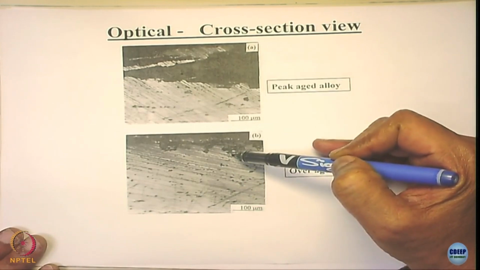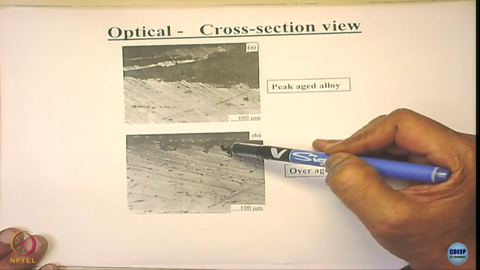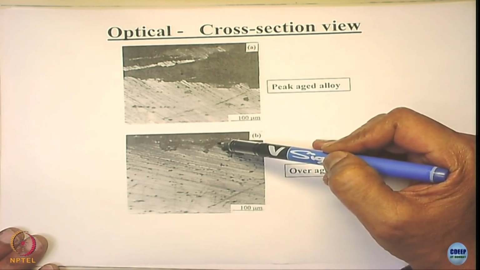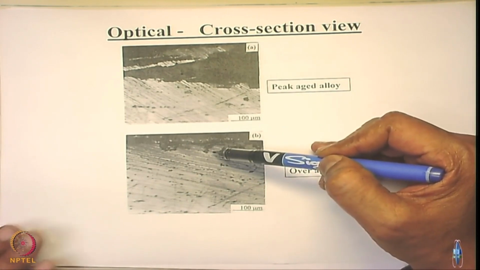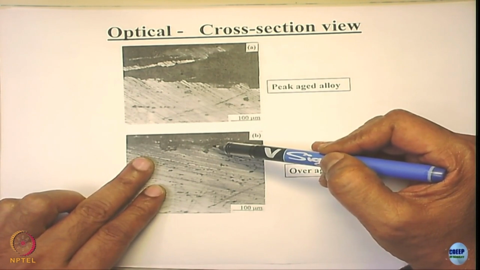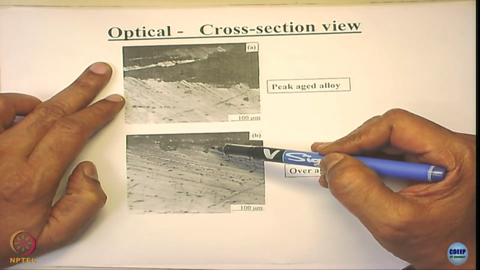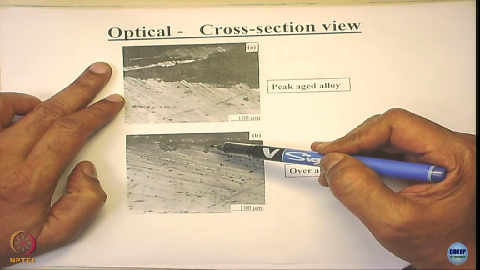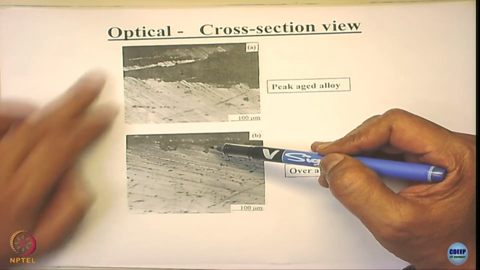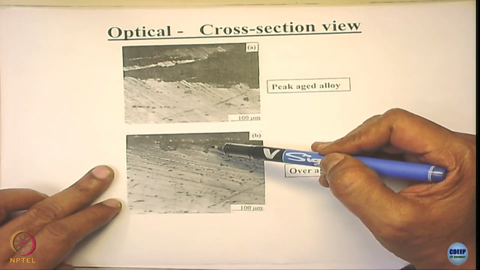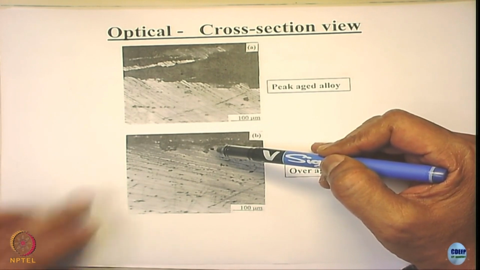Why does it not happen? Because the precipitates here are noble compared to this. When they are noble, the precipitates do not dissolve so much, and so the grain boundary becomes stable. So as compared to this, exfoliation corrosion occurs only in the case of peak aged conditions. They do not happen in the case of overaged conditions because of this particular thing.